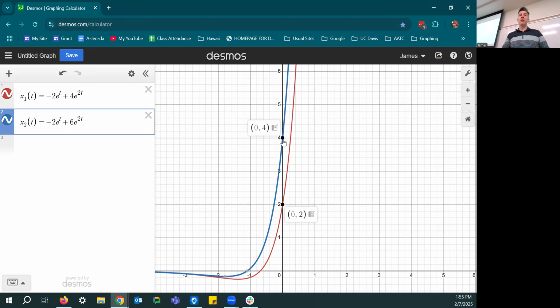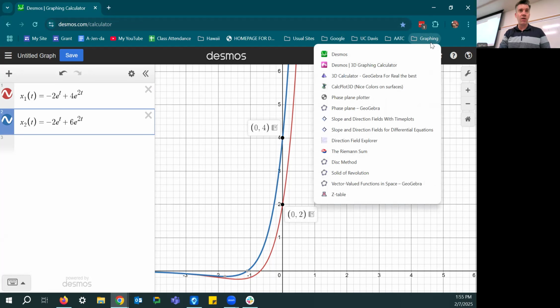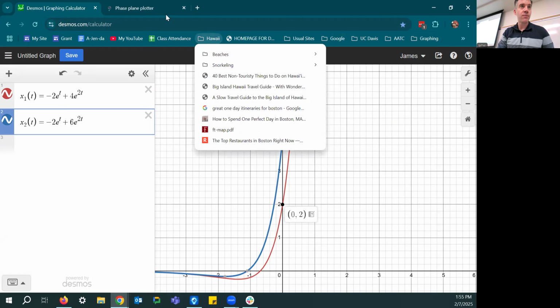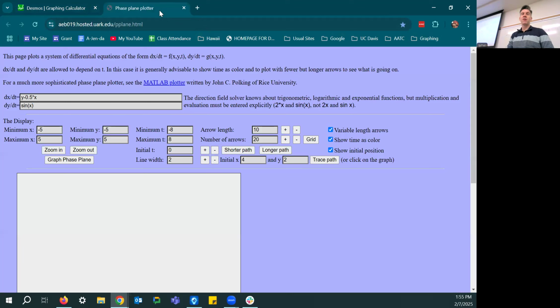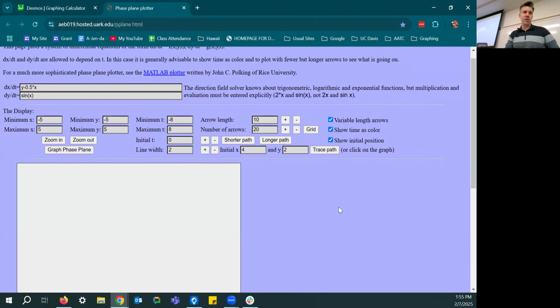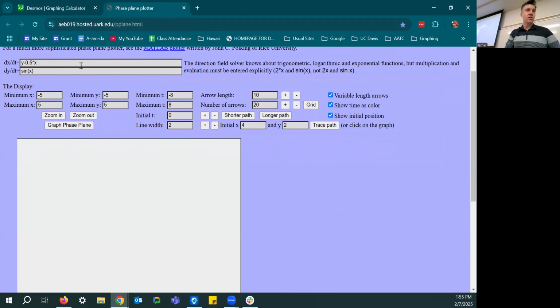Okay, let's look at something else really neat. I think this is linked in Canvas, but if it's not, I will. I would definitely encourage you to play around with this phase plane plotter. I like this one pretty well, actually. There are other ones you can look for. So I'm going to write my differential equations. Now be careful here. We do have to use x and y, not x1 and x2.